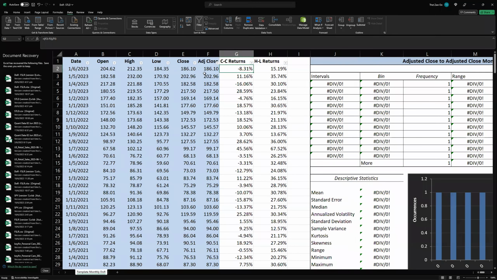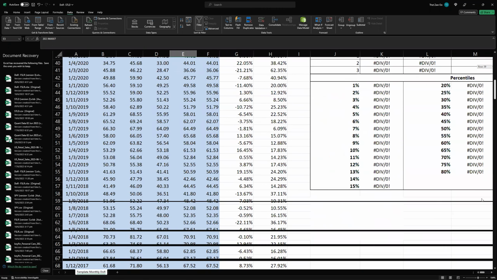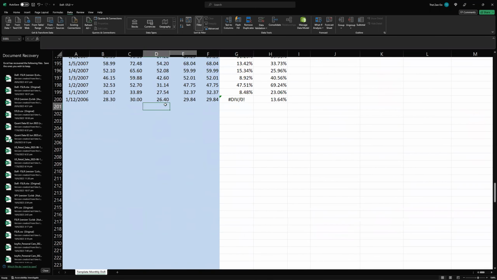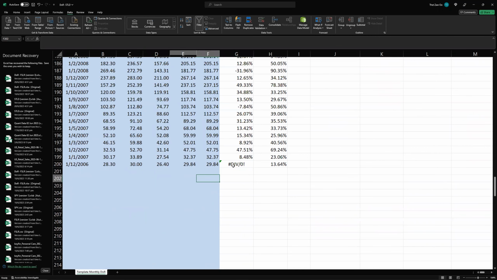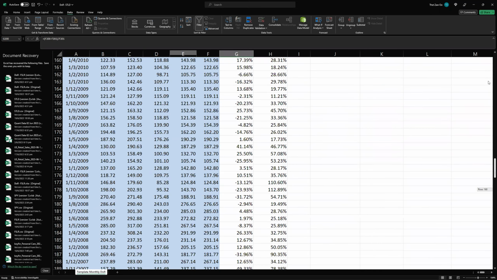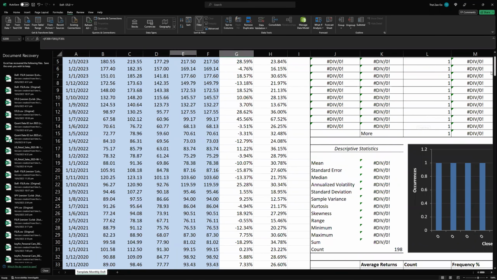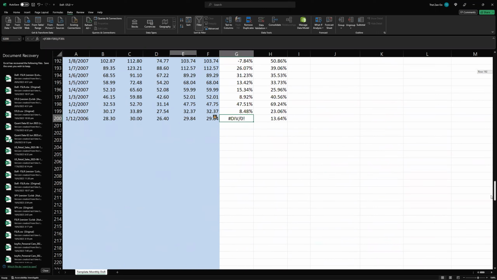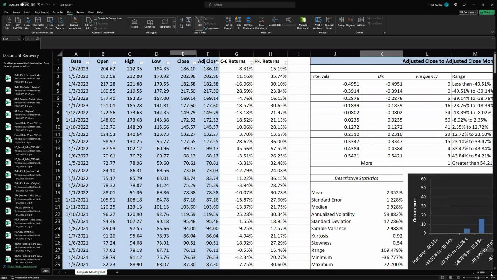It is calculating the previous close to the current close, so it is using the previous data. But if you go all the way down to the last data point, it has no previous data to use, so it gives you a formula error. If you have this here, your chart won't work. So you simply delete this, and now the chart is normal already.